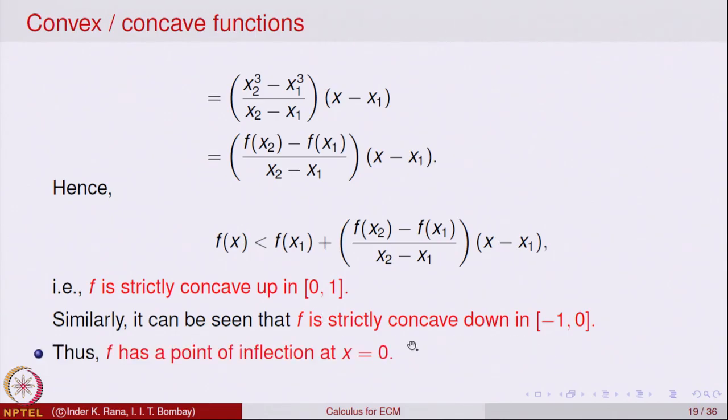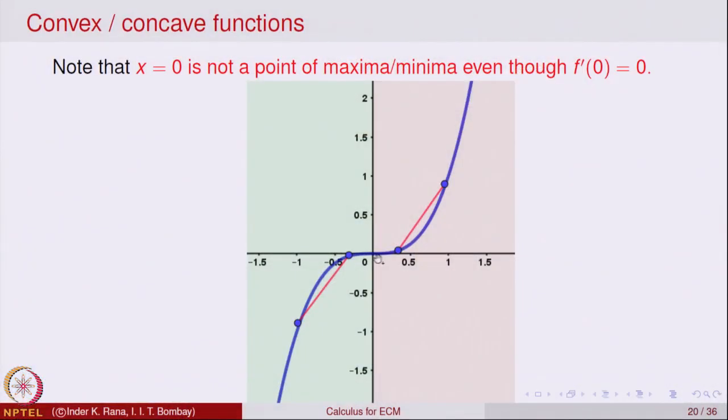So, 0 is a point of inflection: it is continuous at that point and it changes its nature. So, here is the graph of the function f of x is equal to x cube. If I look at the points on the right side, from 0 to 1 onwards, then the chord joining them stays above.